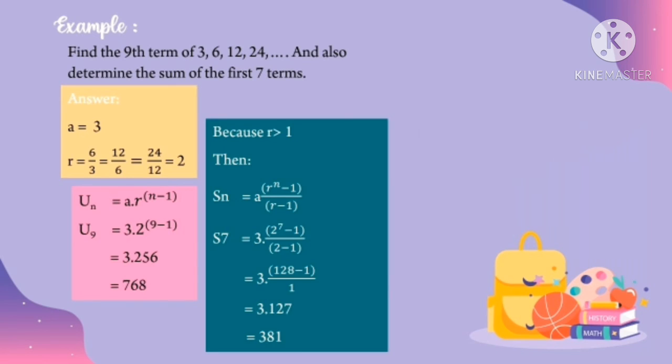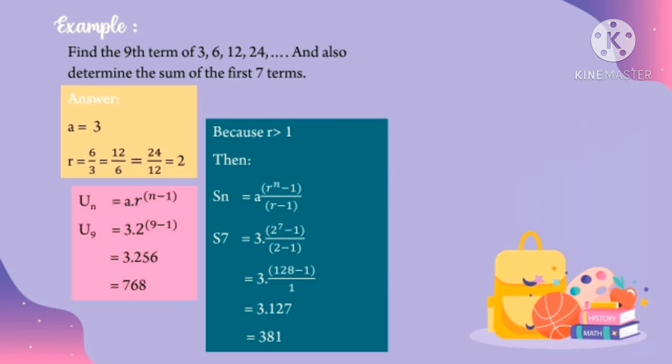Because r is more than 1, then Sn equals a multiplied by r to the power of n minus 1 divided by r minus 1. S7 equals 3 multiplied by 2 to the power of 7 minus 1 divided by 2 minus 1.